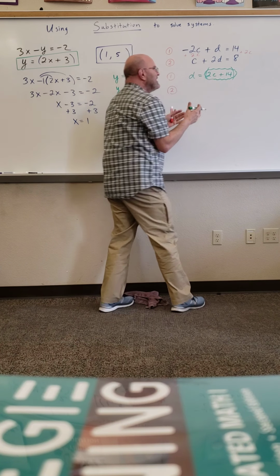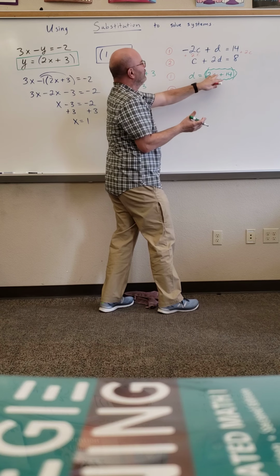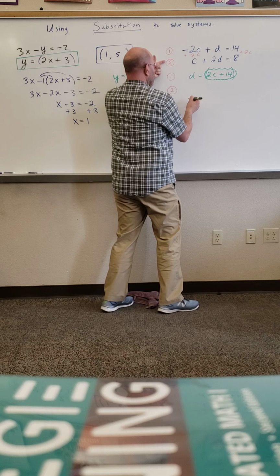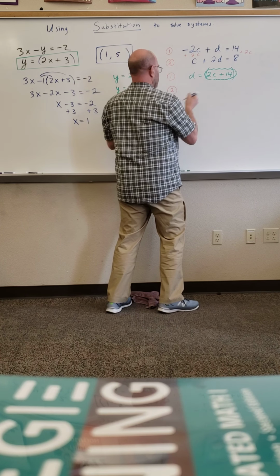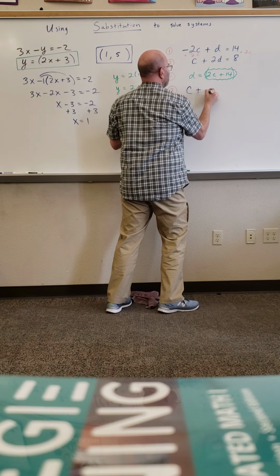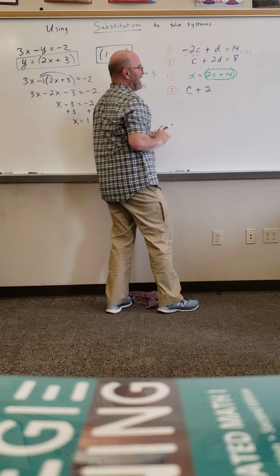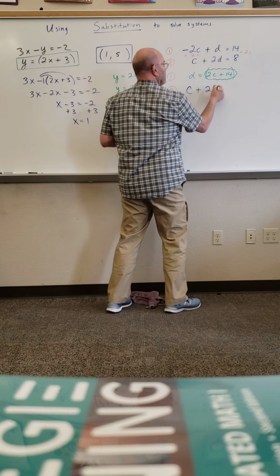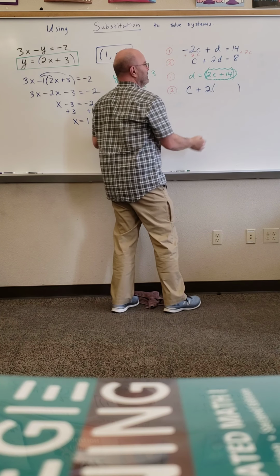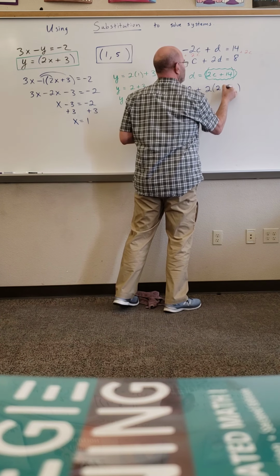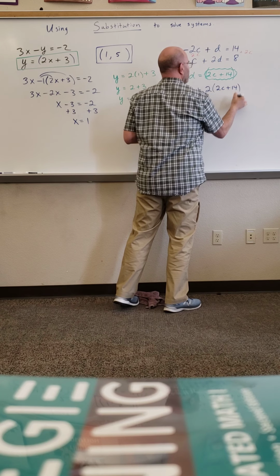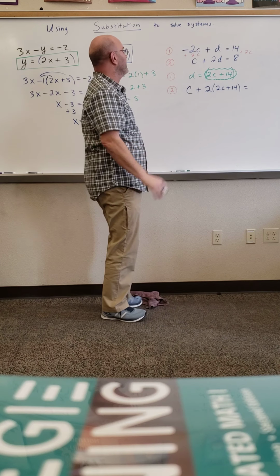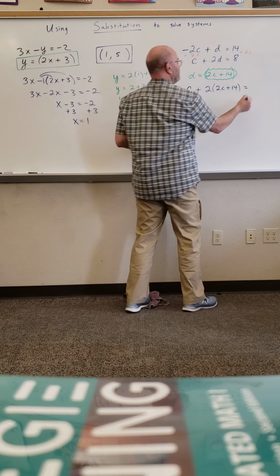So you need to think of this as two terms. And so as we copy equation 2, here we go. We're going to have c plus 2, and now is coming d. But d has two terms, so it has to be in parentheses, which gives us 2c plus 14. The total on the right side, to keep our equation intact, is an 8, isn't it?